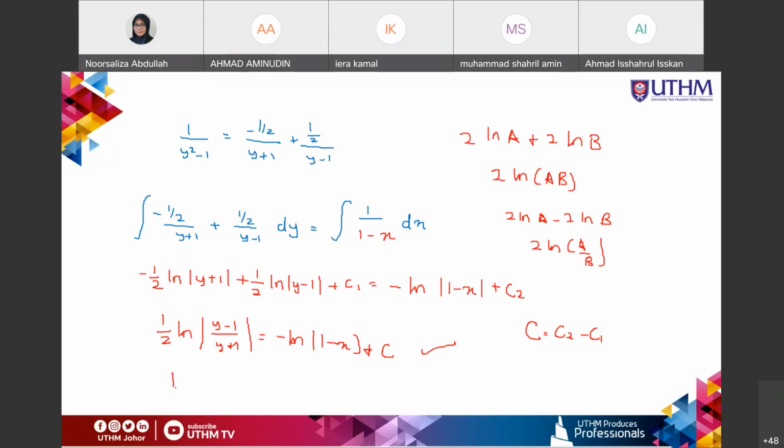Then you have ln y minus 1 over y plus 1 equals to minus 2 ln 1 minus x plus C. Dua-dua pun saya terima.